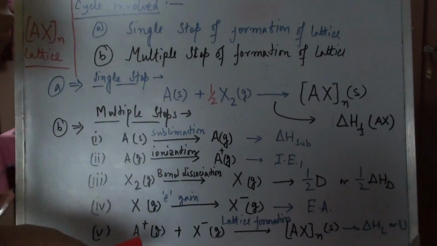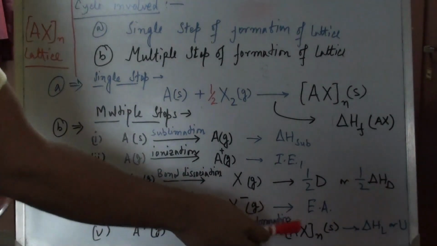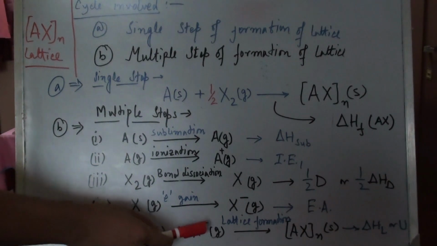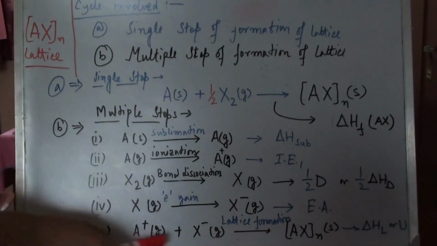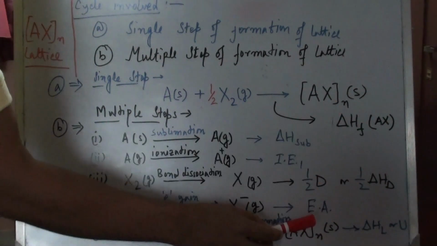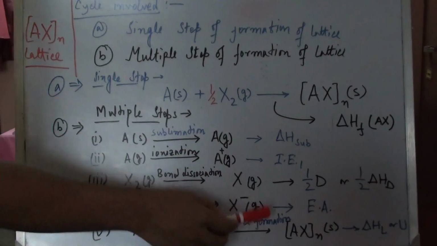This is the necessary condition to produce this type of lattice. So 1 mole A positive and 1 mole X negative in gaseous state will combine to produce AX solid, and here the energy involved is called lattice energy.